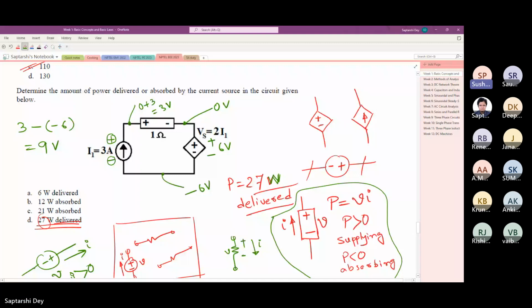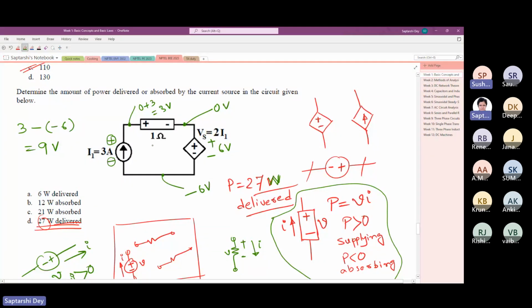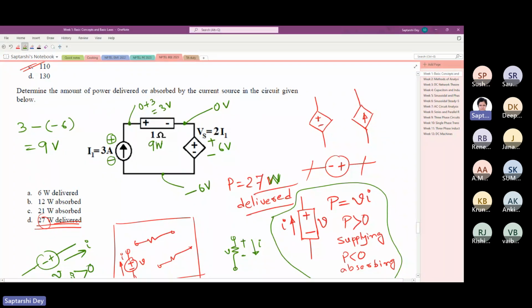The resistance was dissipating power. How much power is it dissipating? I squared R, 9 watt. And where is the remaining 18 watts?